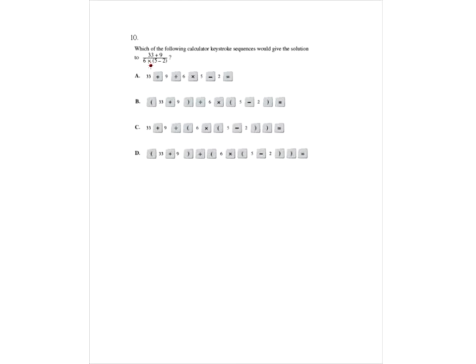So the answer to this one then is going to be brackets around the top. So it's going to be this part here, brackets around the top, divided by brackets around the whole bottom. So you can see I've got brackets around the whole bottom, right? And the bottom already has some brackets. So we're just basically adding 2 brackets on either side of it. Okay? So these are the keystrokes you'd use on your calculator, and that would then give you the correct answer.